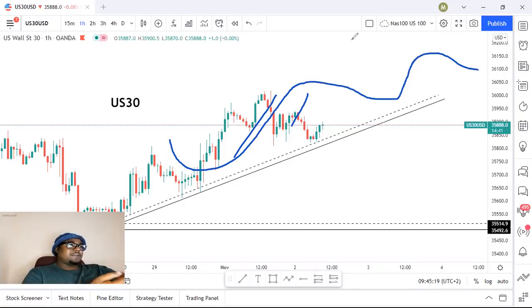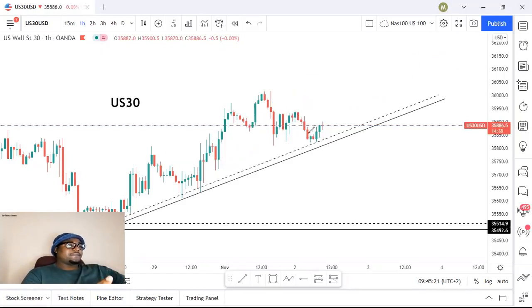So things should be clear, but I understand we use different types of analysis or different types of indicators. I think my indicator is just this trend line, which is fine. So I don't blame everyone. But if you're still new out there, I will expect you to use minimal. Your chart should be clean so that you are able to see better.